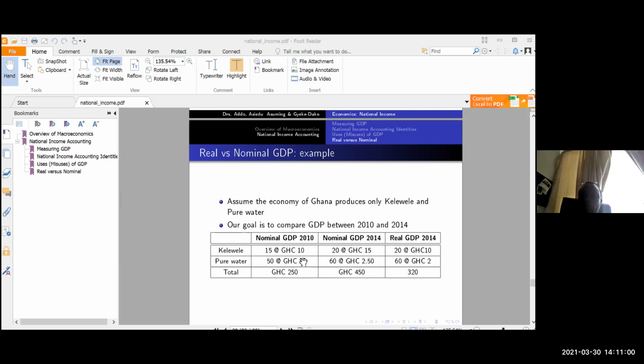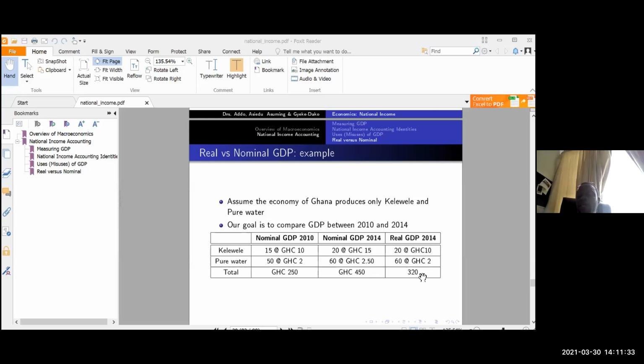So we are selling the 20 bags of Kelewele at 2010 prices, that will be 20 times 10, a constant price. We are keeping the price constant. Then we produced 60 bags of sachet water in 2014, calculated at 2010 prices. The real GDP for 2014 is 320.